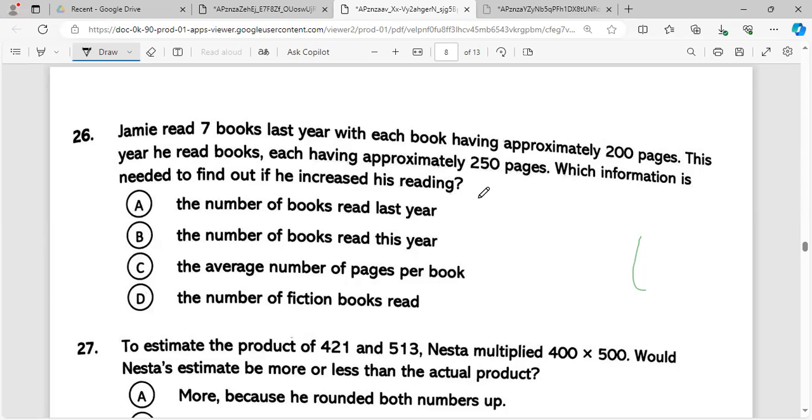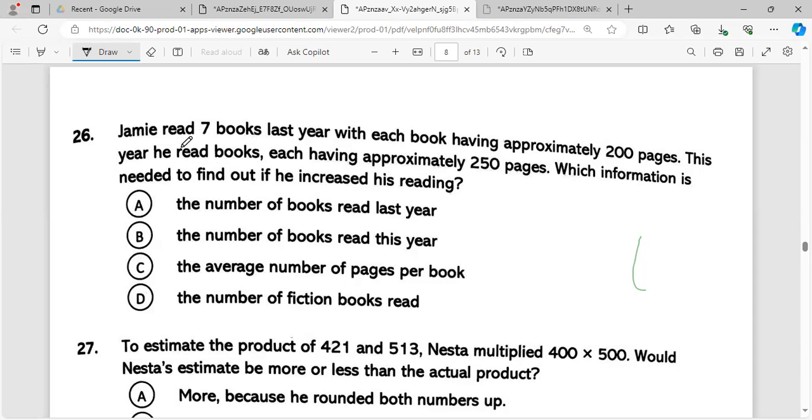Sir, I said my answer is B, the number of books he read this year. Because it already tells you how many books he read last year, so you need to know how many books he read this year.